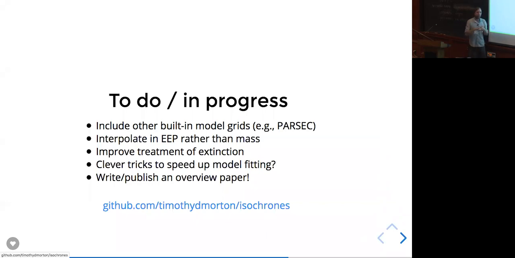But if you go to evolved stars, doing interpolation in the mass, age, metallicity space gets pretty messy, which is why these EEPs, equivalent evolutionary points, are a better parameterization to use. That's all provided in the Dartmouth and MIST models, but it's just not yet incorporated into the official release version of Isochrones.